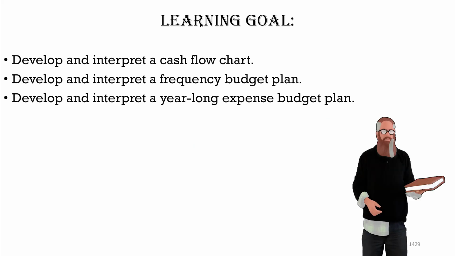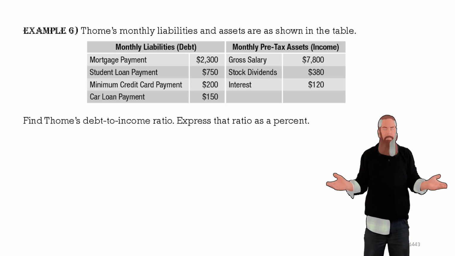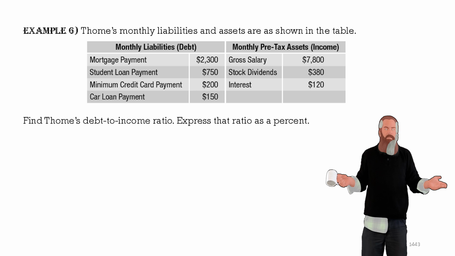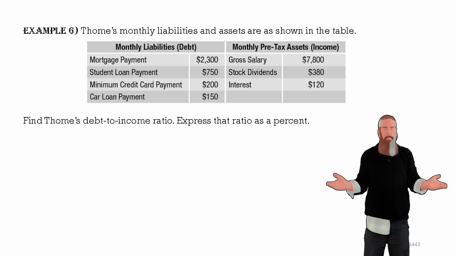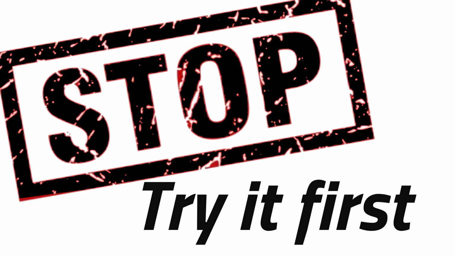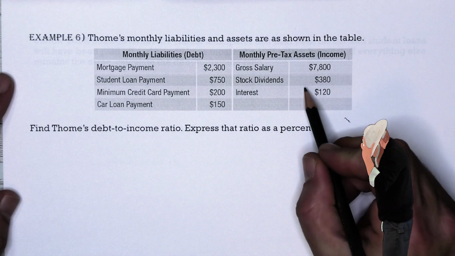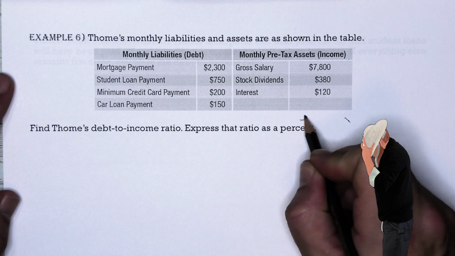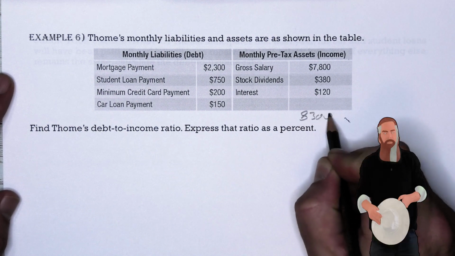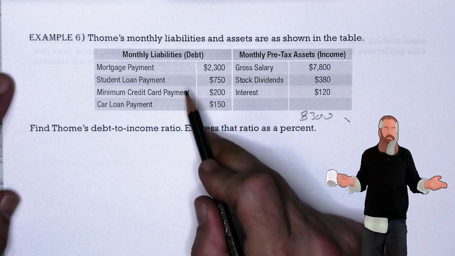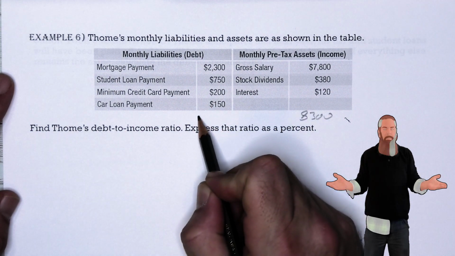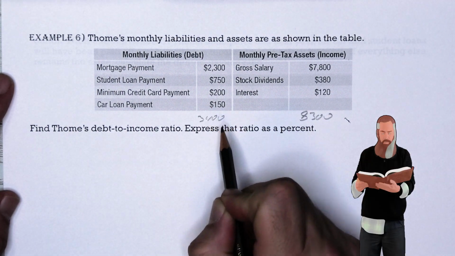Let's develop and interpret a cash flow chart. Thome's monthly liabilities and assets are shown in this table. Find Thome's debt-to-income ratio. Express that ratio as a percentage. Now, their total assets, when we simply add all this up, we get $8,300. When we add up all of their liabilities, we get $3,400.